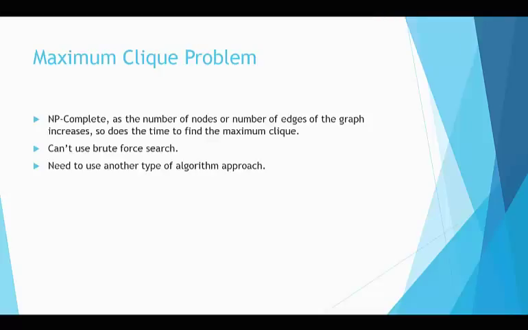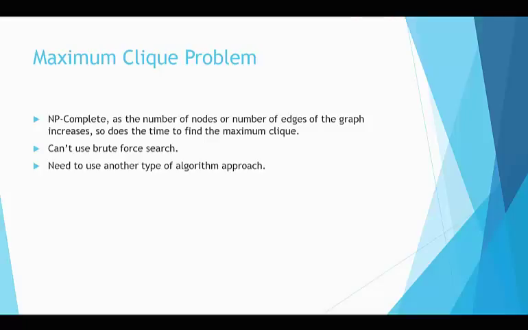So what makes the maximum clique problem so interesting? For one, it's NP-complete. NP-complete is a computational complexity where, as the number of nodes or number of edges of the graph increases, so does the time to find the maximum clique. NP-complete solutions usually run in exponential time.